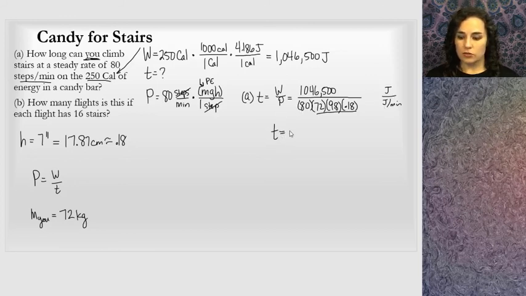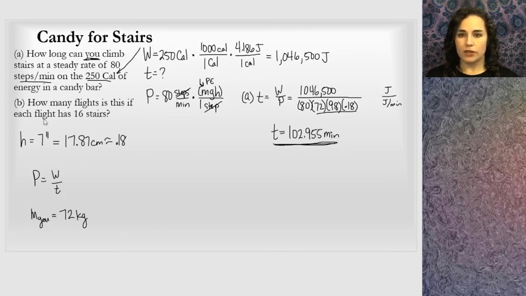And when you run these through your calculator, you get 102.955 minutes, which is also a depressing number. I'm eating millions of joules, and I'm going to have to walk stairs for over 100 minutes to get rid of them. So that's how you get time out of this equation.